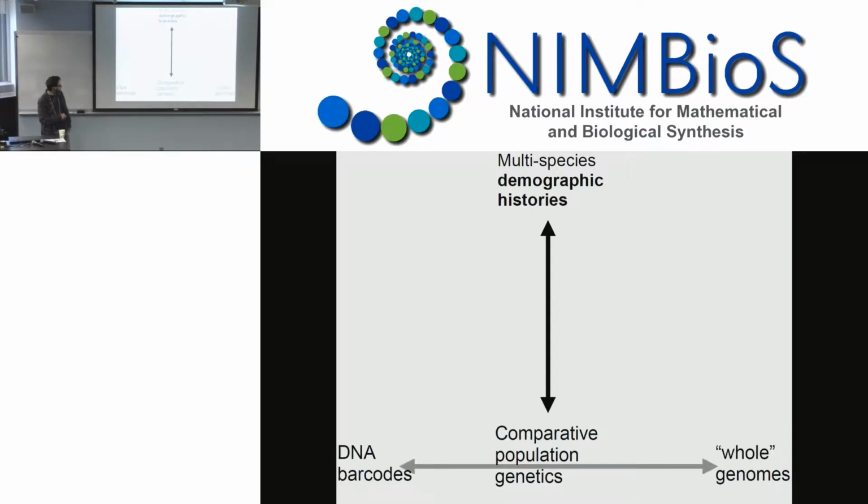And that can be anything from collecting DNA barcodes from large numbers of non-model species, or it can be collecting smaller numbers of whole genomes or partial genomes from taxa that are often co-distributed and have a similar ecological context.